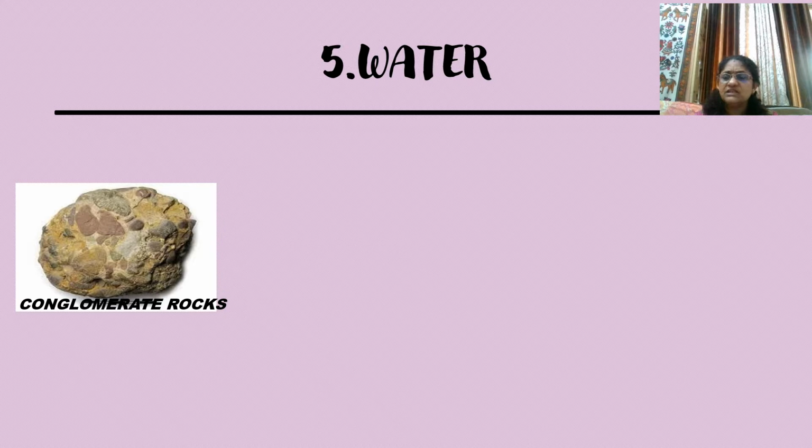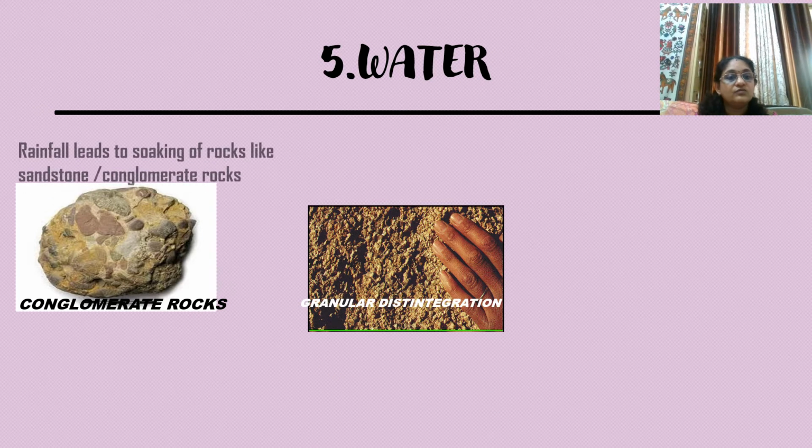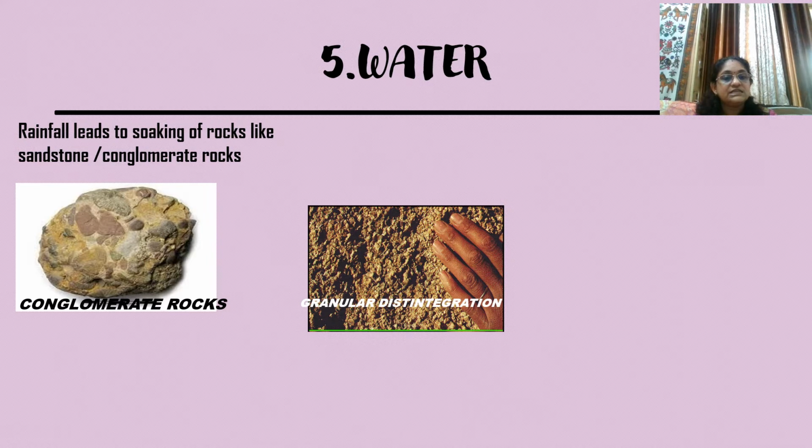Now this sedimentary rock, as I told you, has a lot of things present inside it. So it might also have sand, it might have other things. So when water falls into these rocks, the rocks are soaked by this water. You all know that when we soak something in water, it gets disintegrated.